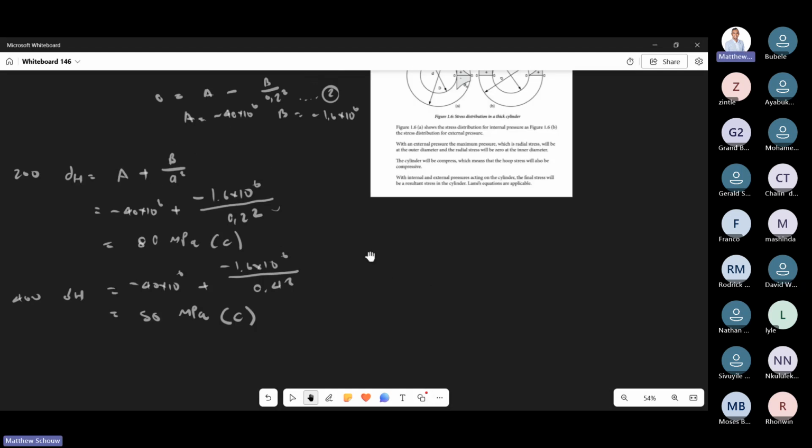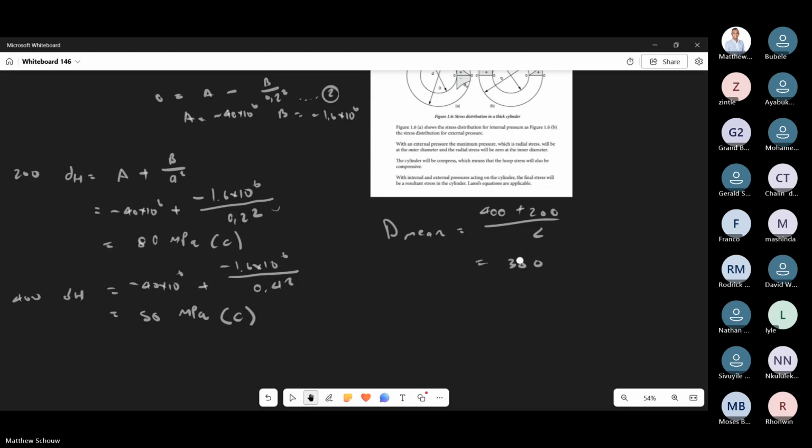So now let's look at the mean. So the mean, D mean, is just the average diameter, which is going to be 400 plus 200 divided by 2. That will give us 300.